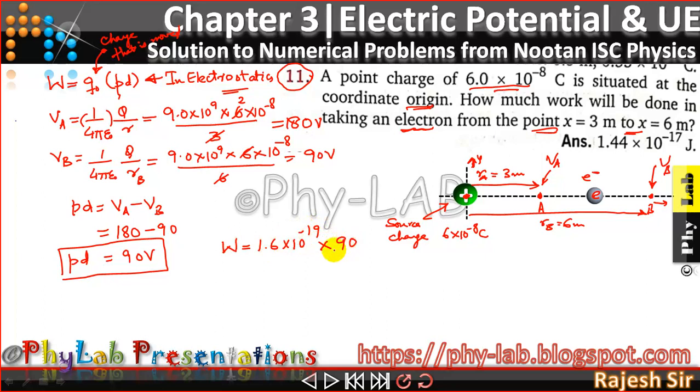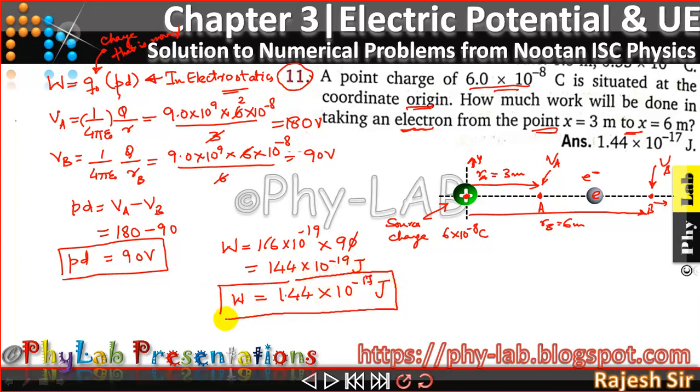That happens to be 90 volt. And now let's solve it out. So 1.6, this goes off, 90, 16 9s are 144 into 10 to the power of minus 19 joule, or simply 1.44 into 10 to the power of minus 17 joule, friends. So that is the work done in this particular problem in moving an electron between the points A and B.